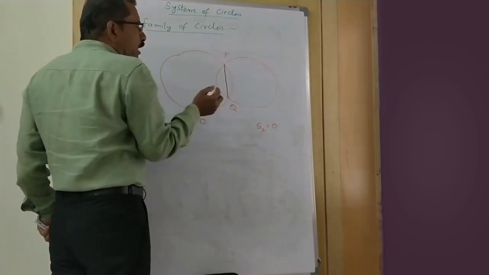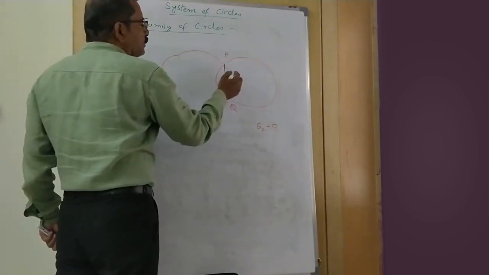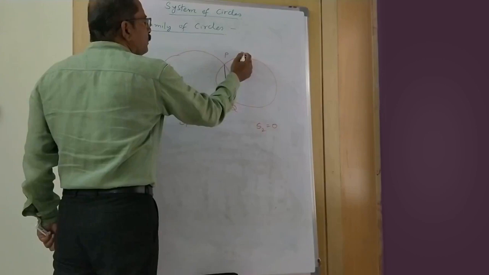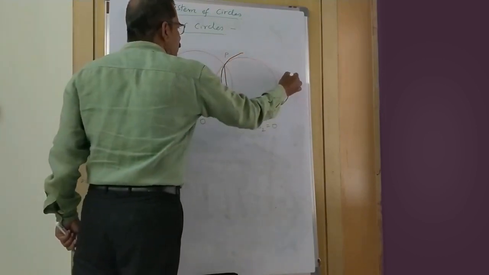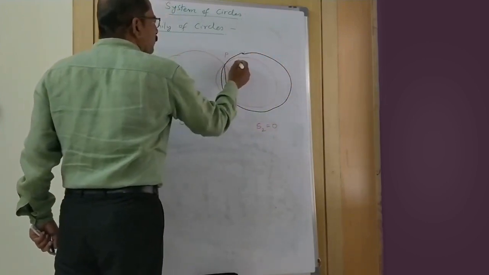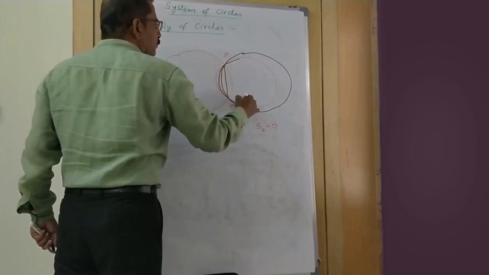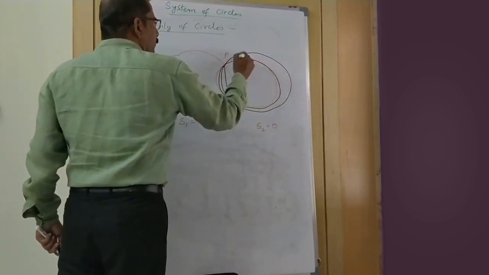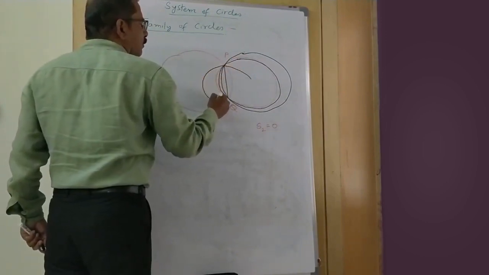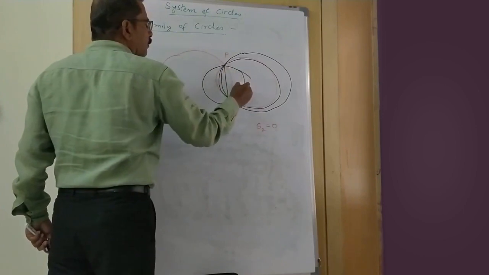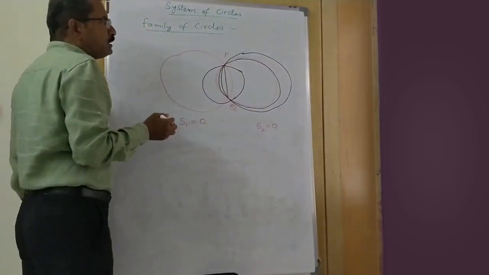I want to draw the circles which are passing through the points P and Q. How many circles can I draw from this?